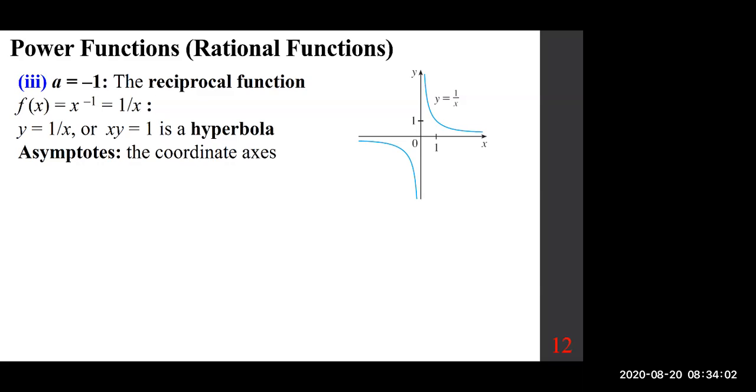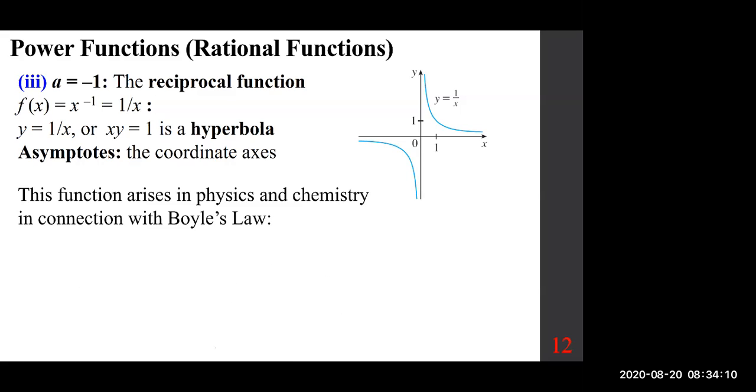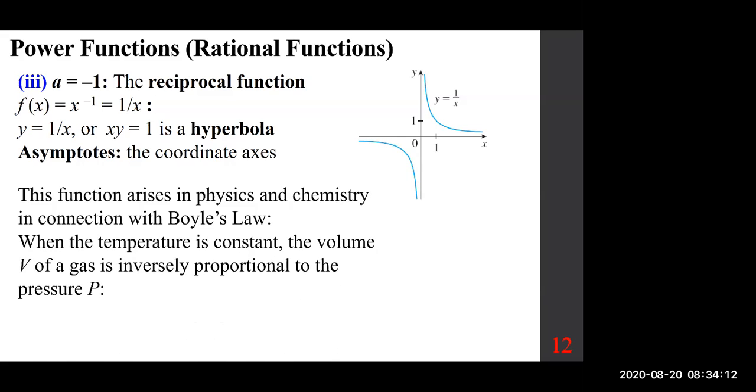And as far as the name and terminology, by the way, it's a hyperbola. In any event, you can see the graph y equals 1 over x. There are applications in physics and chemistry. I'm not going to go over that, but I just want to make a point that there is a reason we learn it. There are applications of just about everything we study.